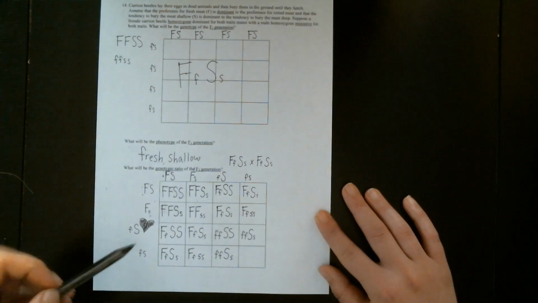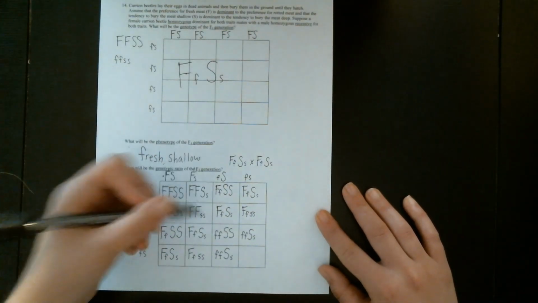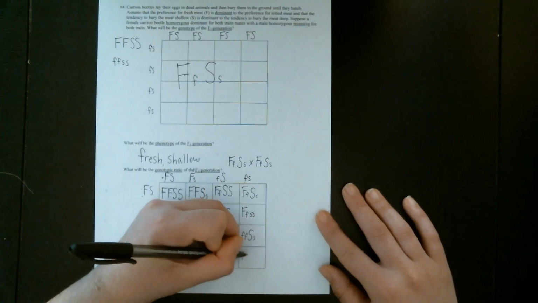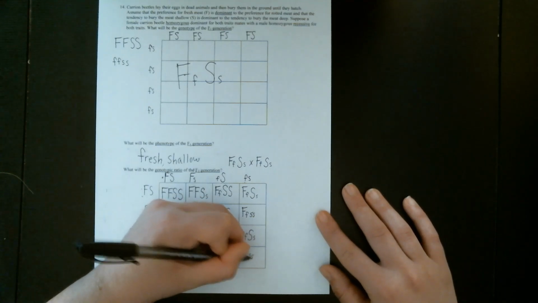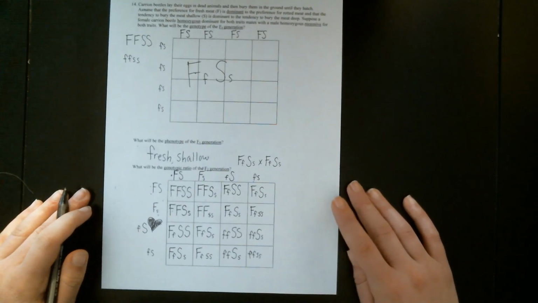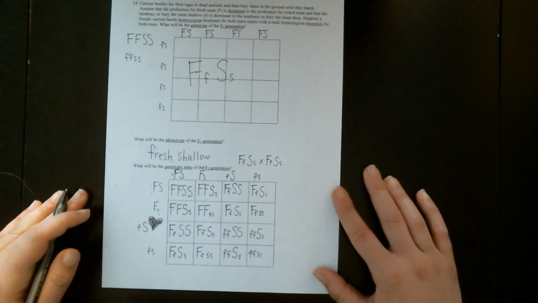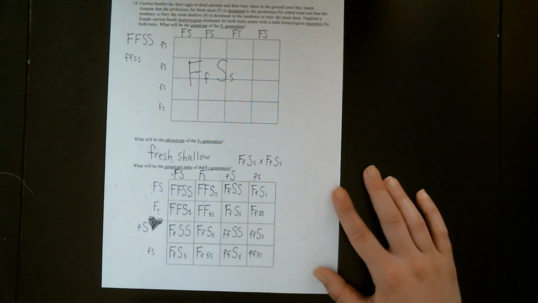And then the very last one, if both parents happen to pass on their recessive traits, we get all little f, little s.